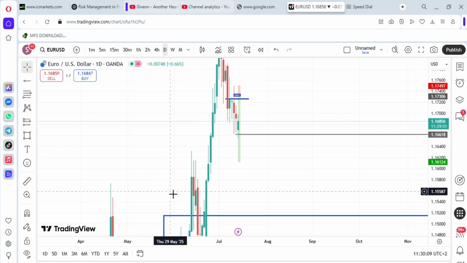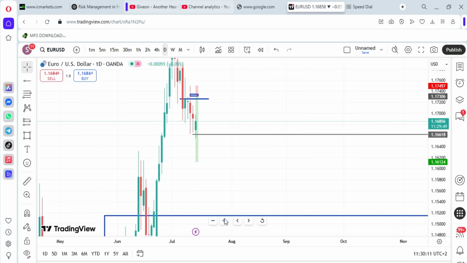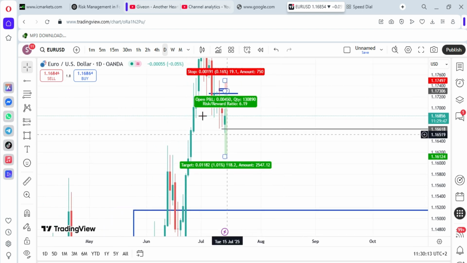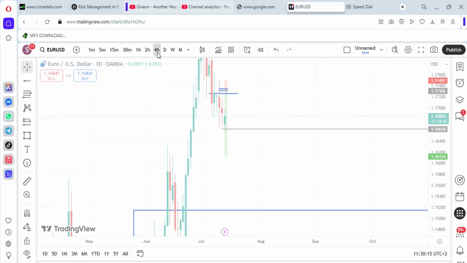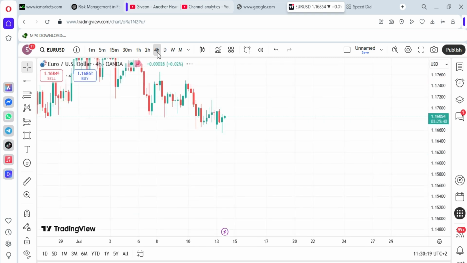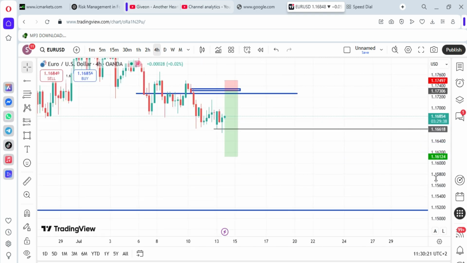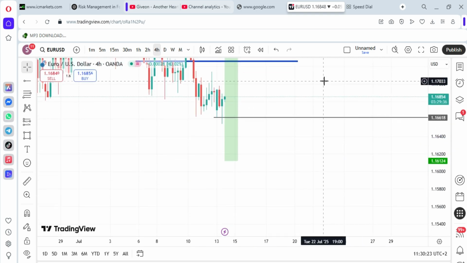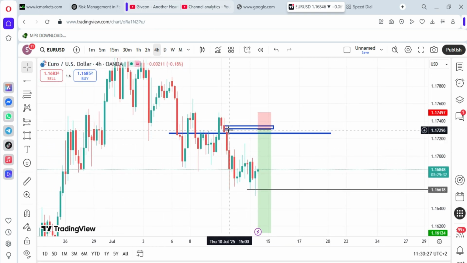As confirmation, we can see that price formed a bearish engulf pattern on our set.